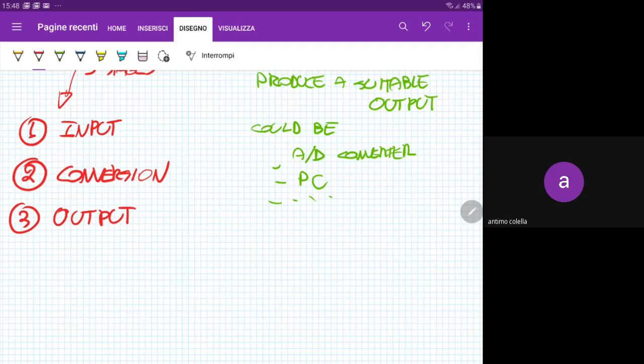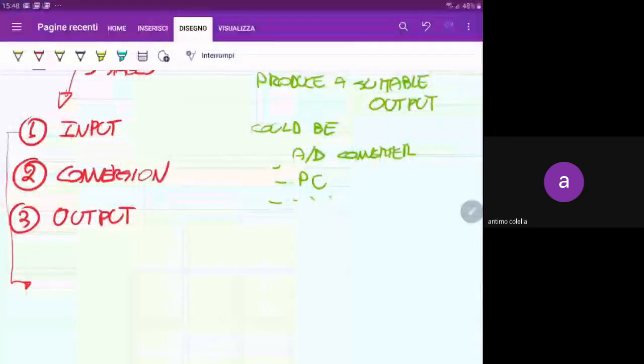Now, the input is very easy. It is just the transducer.